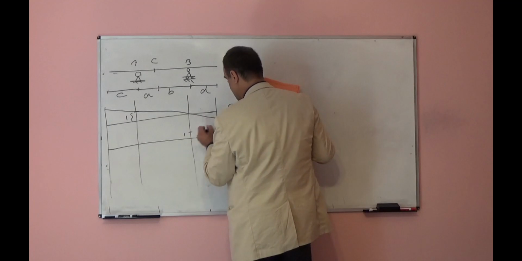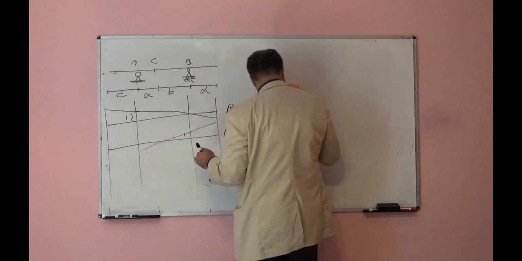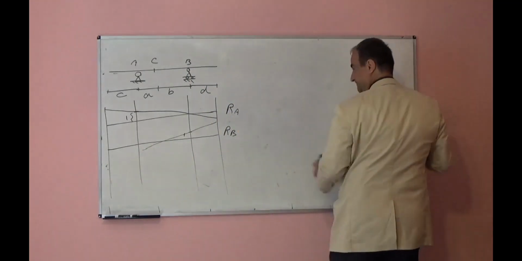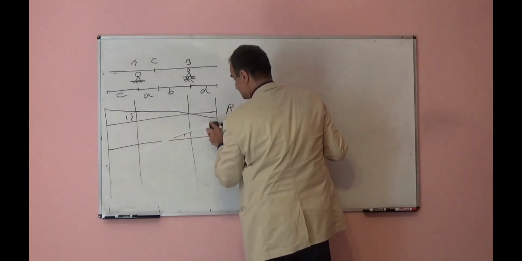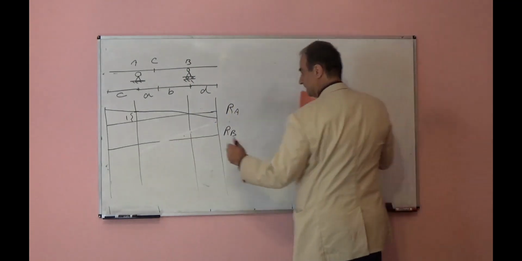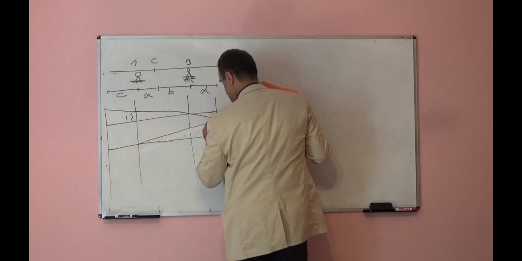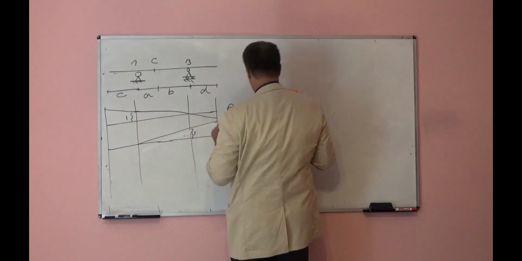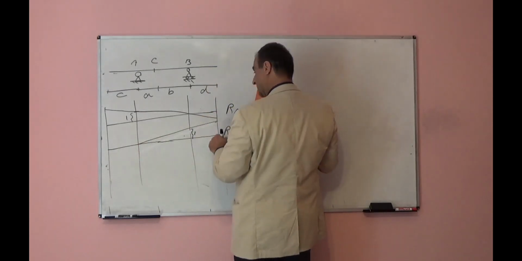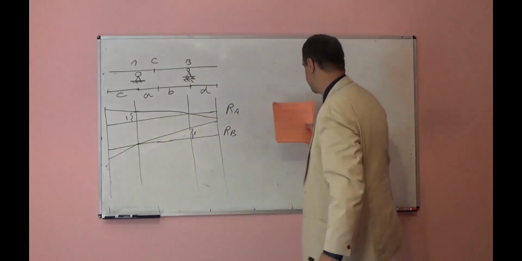So this is 1. From similar triangle you can find this height and this height.